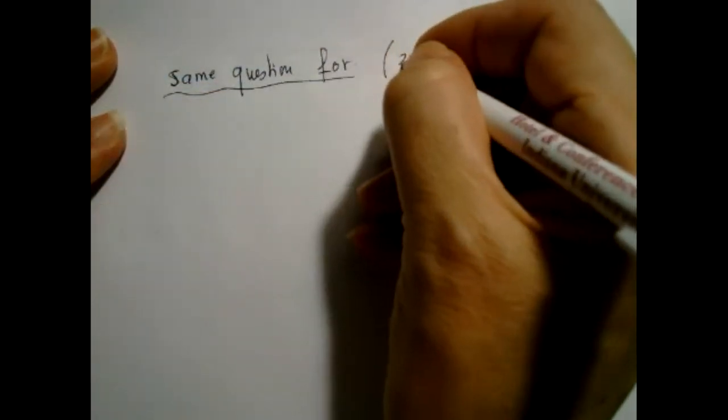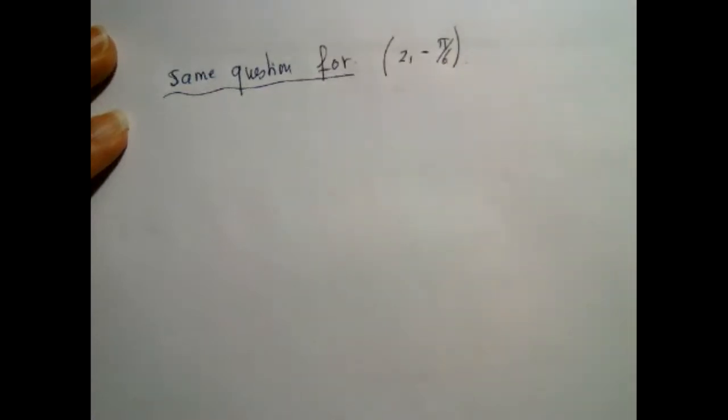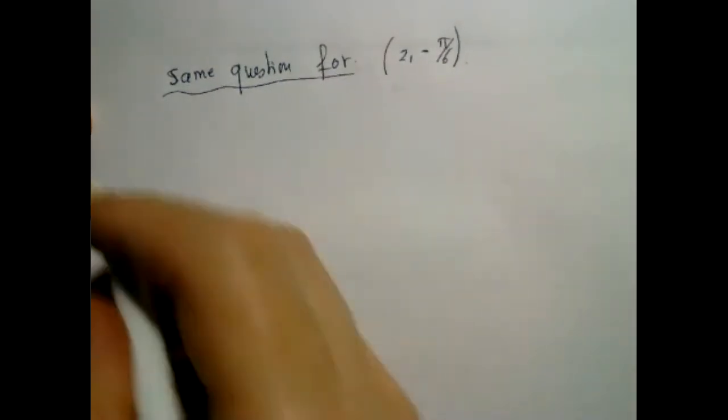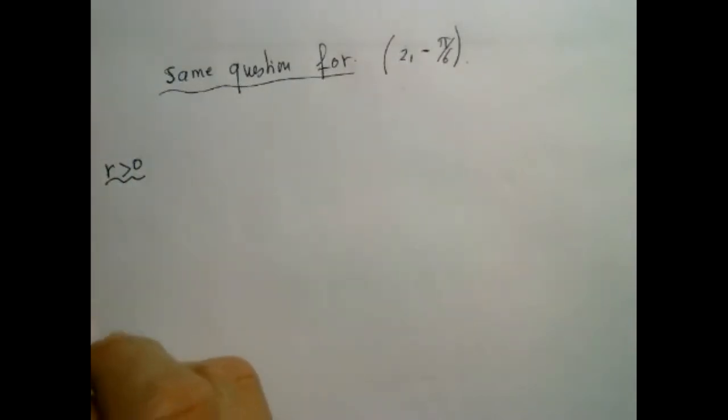For the point 2, minus pi over 6. Okay. Again, I want first r positive, and then I want r negative.